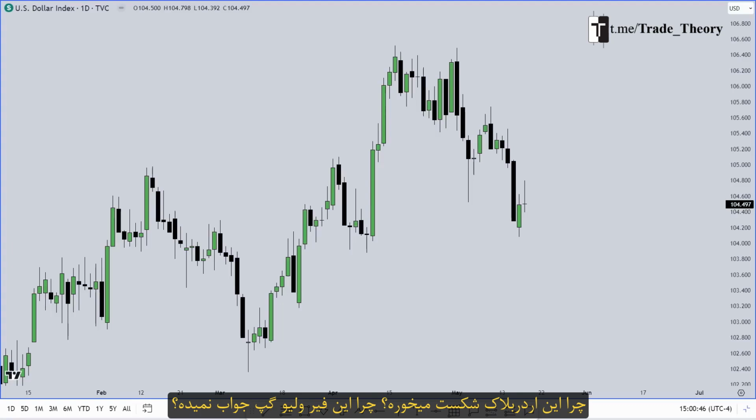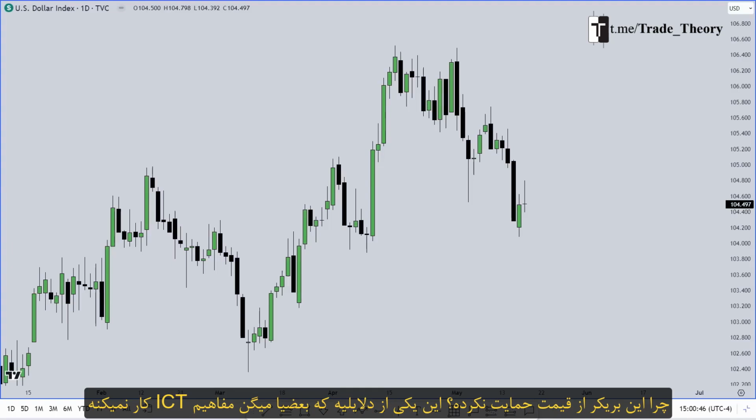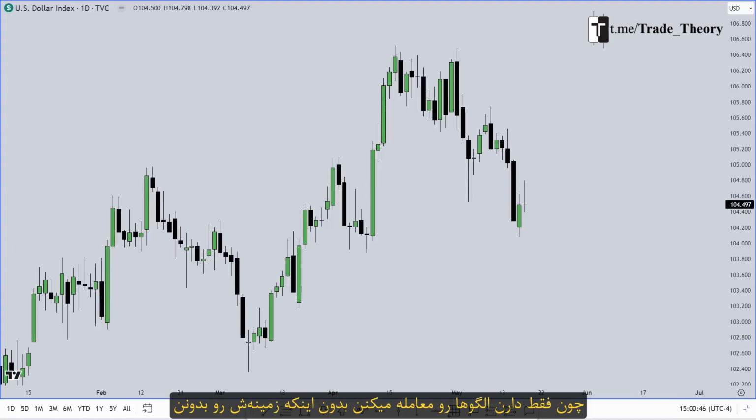And why does this fair value gap fail? And why hasn't this breaker supported price? And this is partly one of the reasons that people say ICT concepts don't work, is because they're just trading patterns without really any context behind it. And the whole point of this mentorship is to shine a light on that, because I think people are very much misled in the industry at the moment.